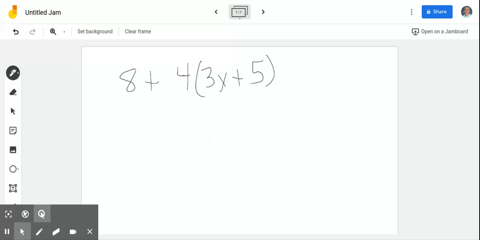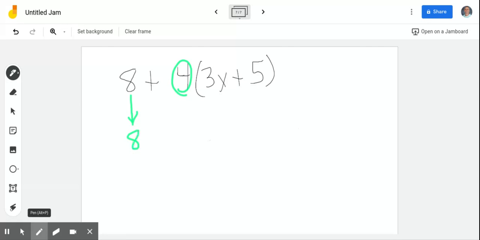Okay, next example may look a little different, but it's still the same thing. Where is the number that's up against the parentheses? Okay, it's right here. It's 4. What is kind of isolated, sitting by itself? This 8 right here. So just bring it down for a second. So we've got to distribute the 4.